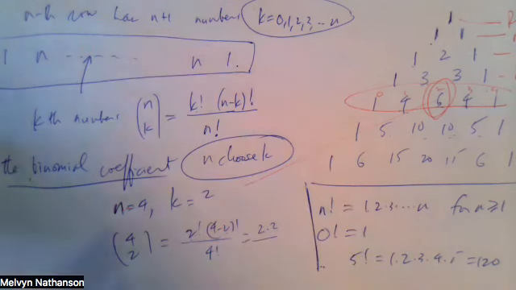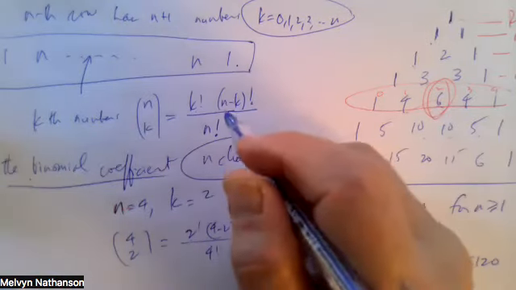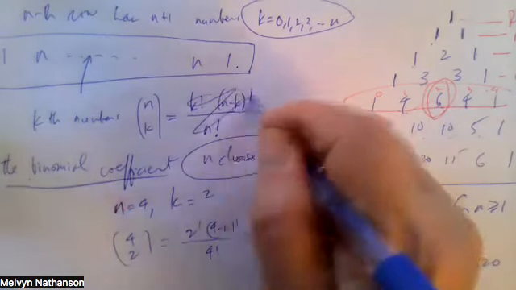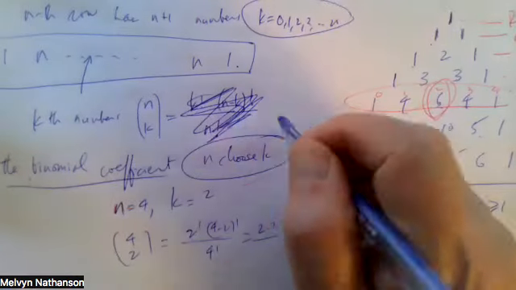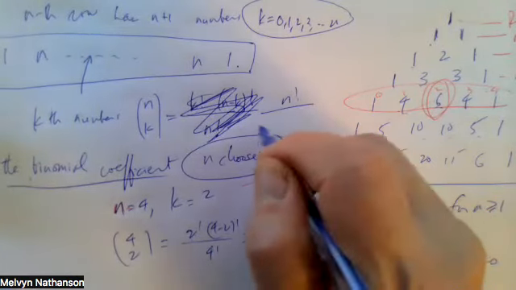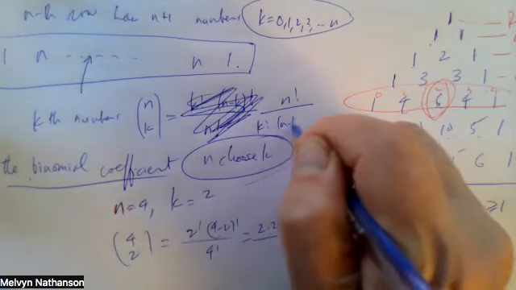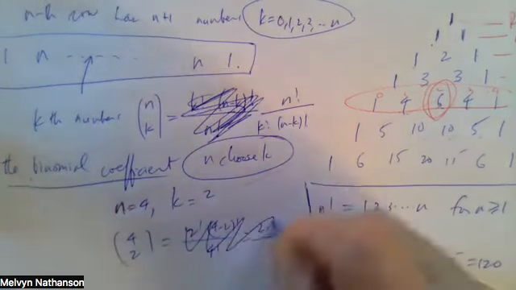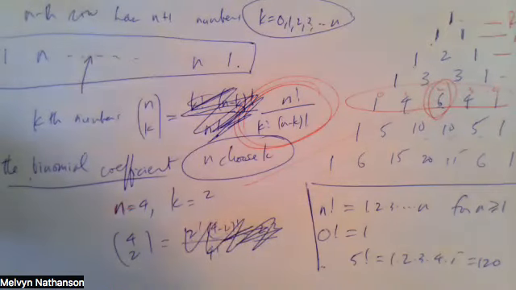Oh, sorry. What I just said is, I had this backwards. The binomial coefficient is n factorial over k factorial times n minus k factorial. That's what it is.